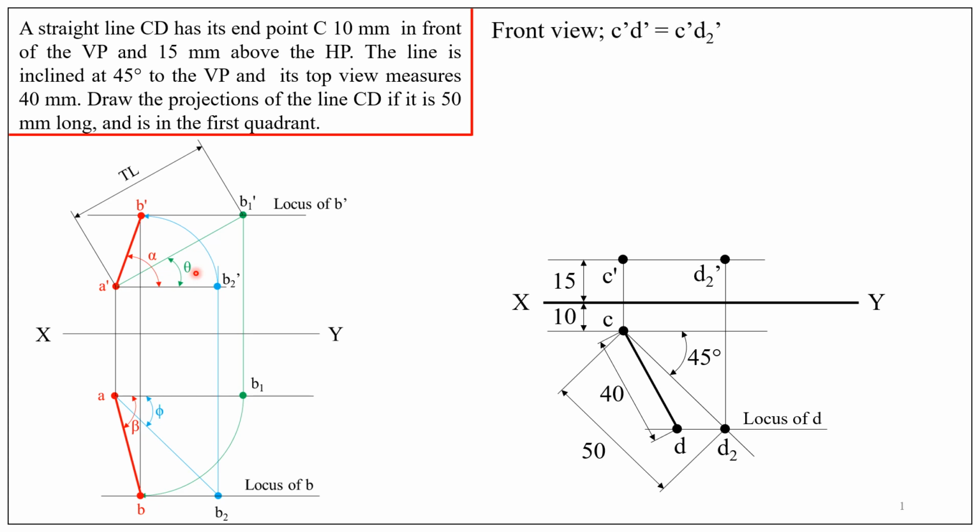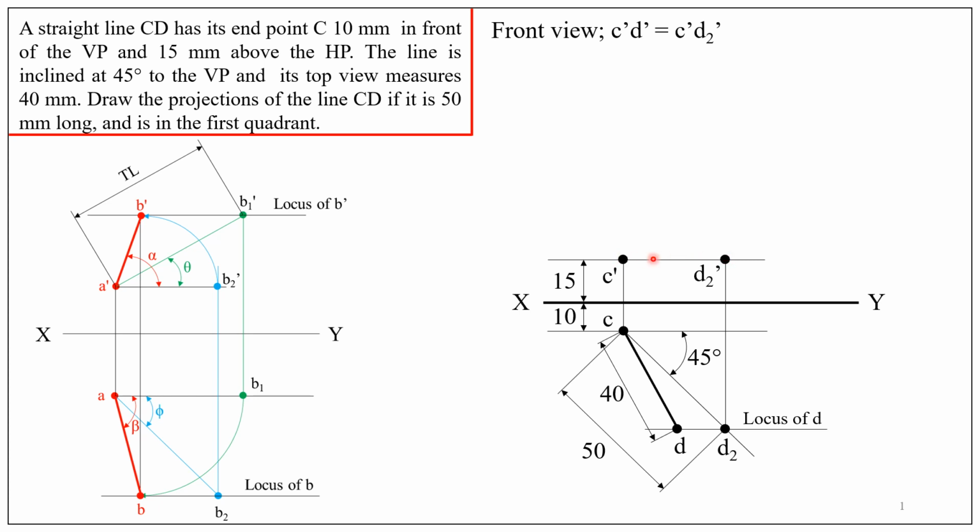And how to draw? We know front view C dash D dash is equal to C dash D2 dash. So here this is C dash D2 dash. Length of the front view is identified now.